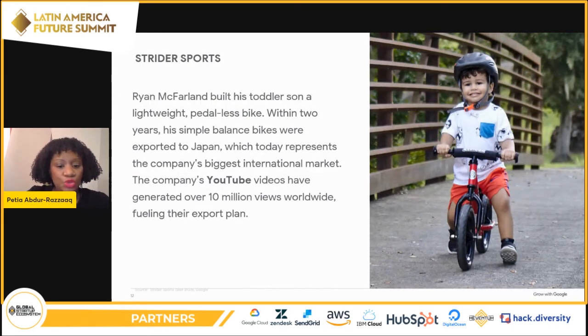And Strider used Google tools such as Google Analytics, Google Ads, and YouTube as part of their global expansion strategy. According to the company, Google Ads drives nearly 30% of the company's online traffic, and its YouTube videos have generated over 10 million views. That is huge.